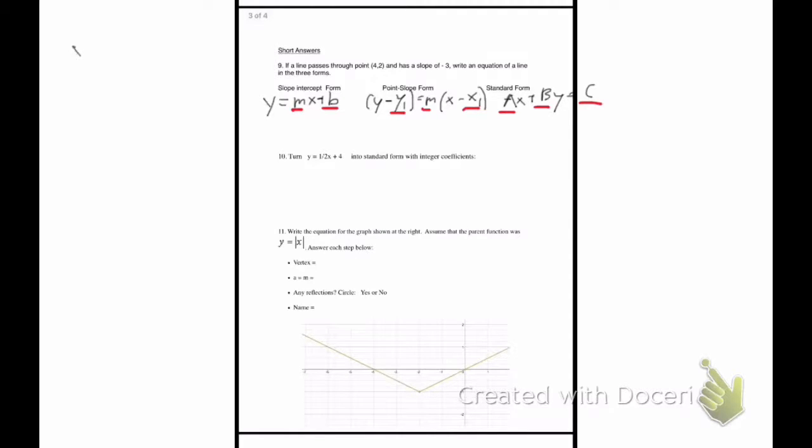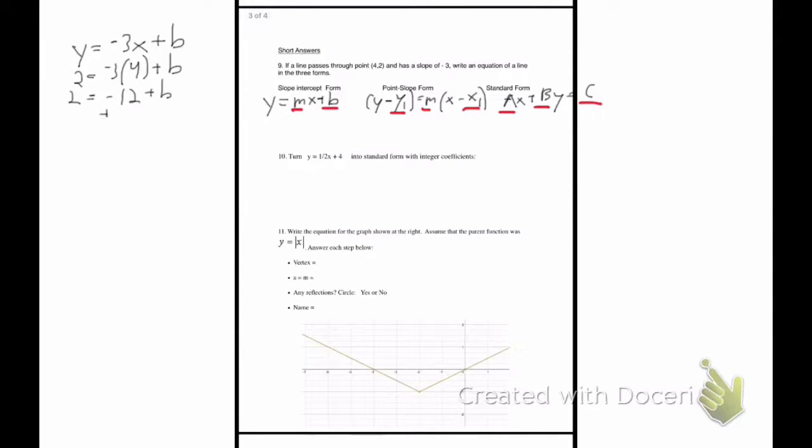So over here we will write y equals negative 3x plus b. So we need the b. Well, how do we find the b? Well, they gave us a point on the line. They gave us (4, 2). So let's substitute those numbers in for y and x. If we substitute 2 equals negative 3 times 4 plus b, we get negative 12 plus b equals 2.